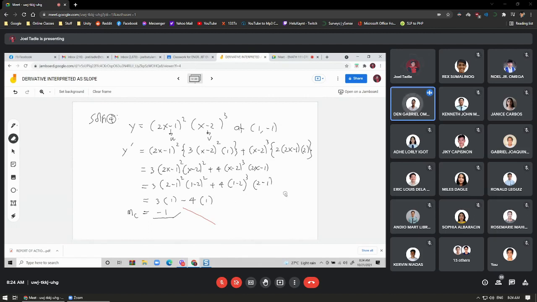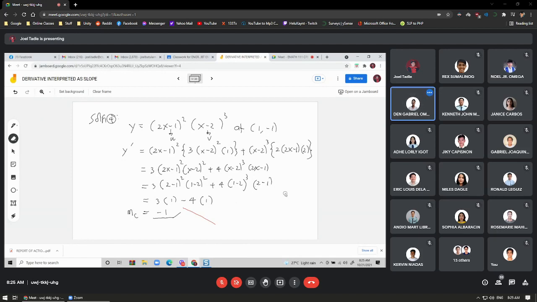Then the derivative of the v, which is 3 quantity x minus 2 to the power of 2. The derivative of x is 1. So the next is add the v. Copy the v and next is derive the u.